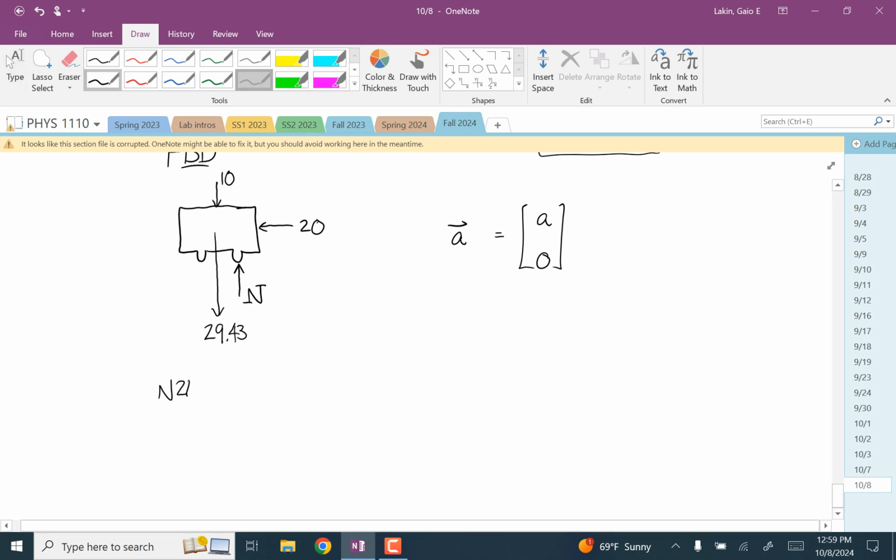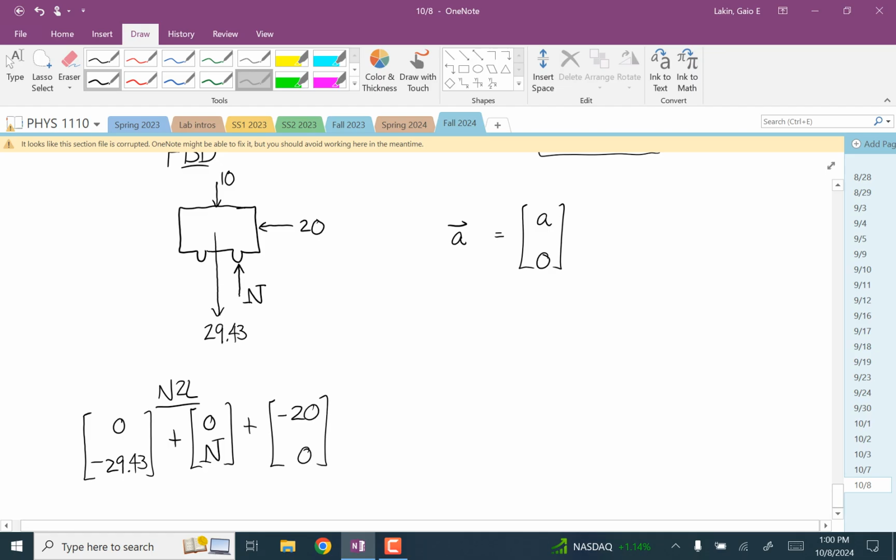So Newton's second law: the weight force is in the negative y direction. The normal force is in the positive y direction. The 20 newton force is in the negative x direction. The 10 newton force is in the negative y direction. 1, 2, 3, 4, so I have all the forces in there.